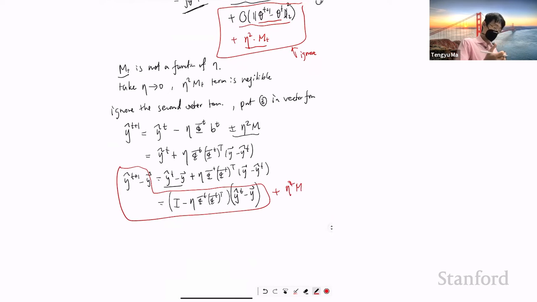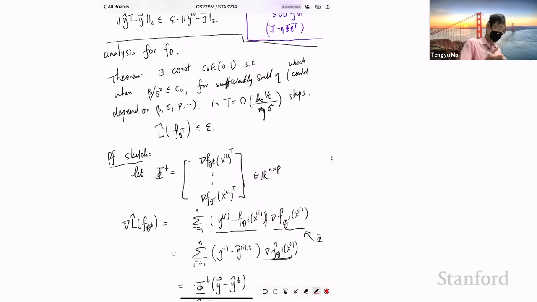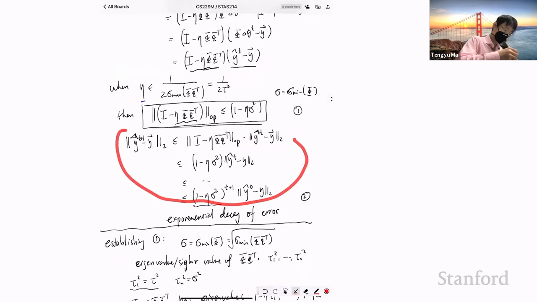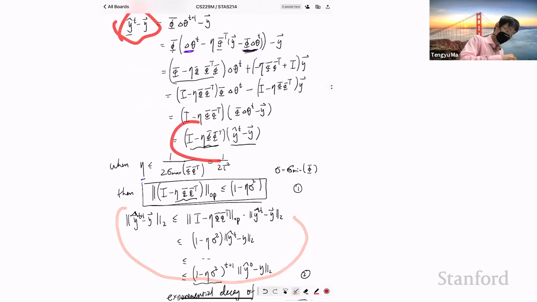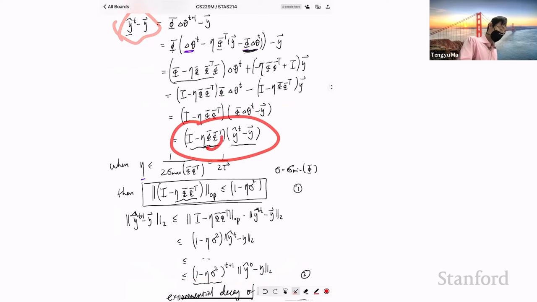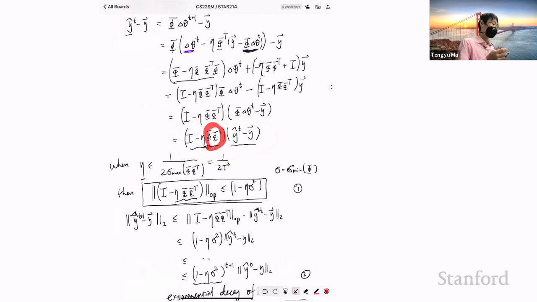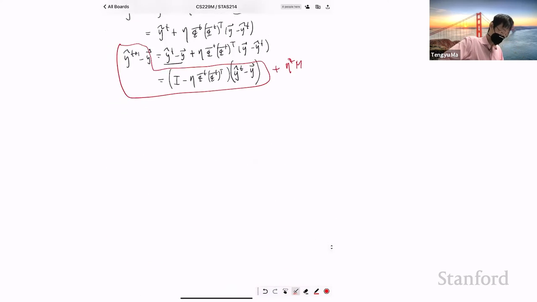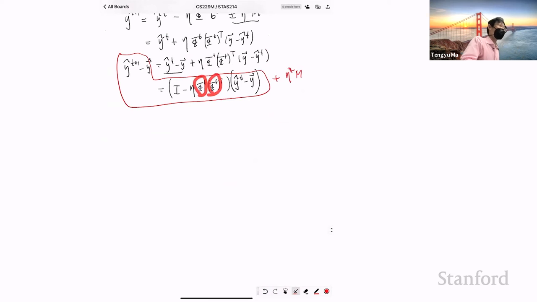If you compare this equation with the recursion before, the recursion before was this. The only difference is that this matrix is different. Before you were multiplying with a fixed matrix phi transpose, and now you are using phi t transpose. But everything could be the same, though you don't necessarily need it to be the same, right?